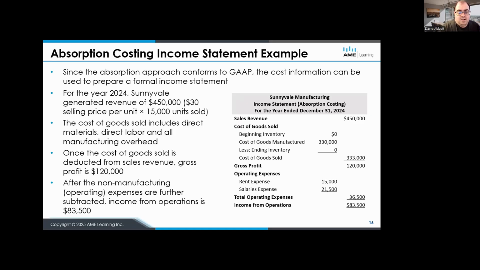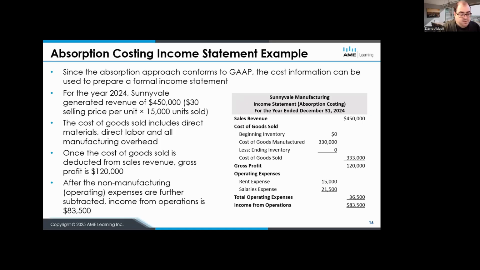Now, the cost of goods sold includes direct materials, direct labor, and all of the manufacturing overhead. They sold all of that, so they had no beginning inventory, we have all of the costs, 330,000, and they didn't have any ending inventory.